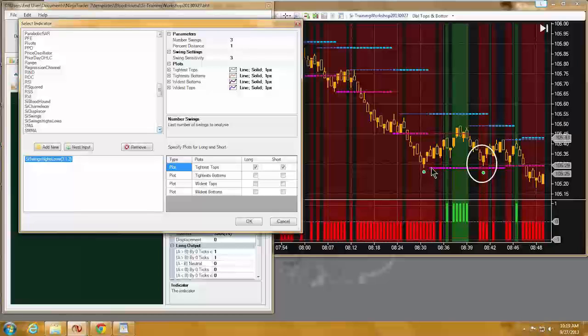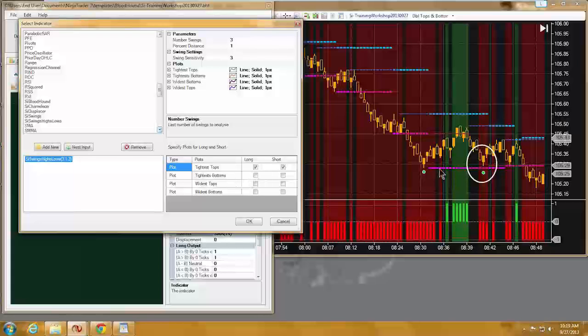If you didn't see last week's workshop, you'll notice that your plots look different. I modified my plot settings on my indicator to a format that I like to see. I like to see the NinjaTrader swing indicator, which is very similar to the swings highs lows indicator, with the hash plot instead of the dots or the lines.